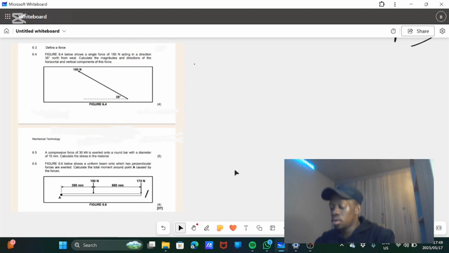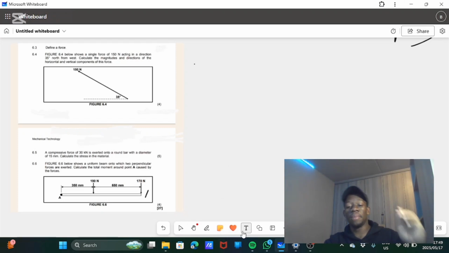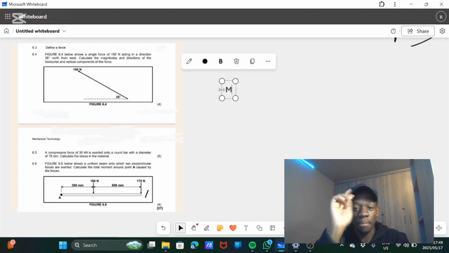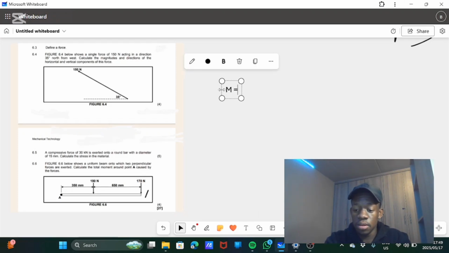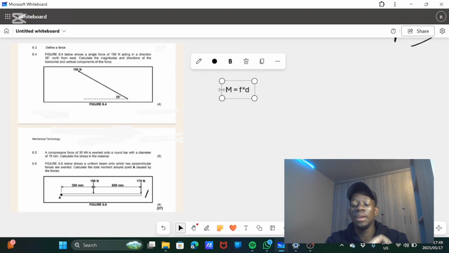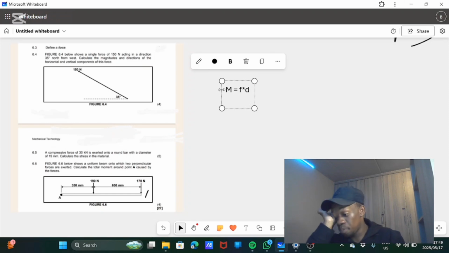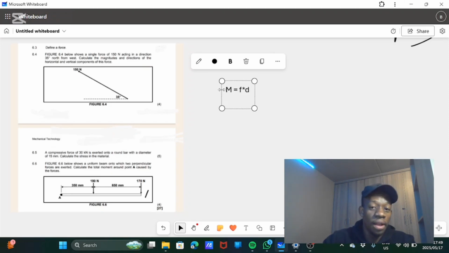So there's nothing new here. Remember in the beginning we said moment is equal to F times D. We have forces which are 190 and another which is 170. We have distances of 350 and 650 millimeters.